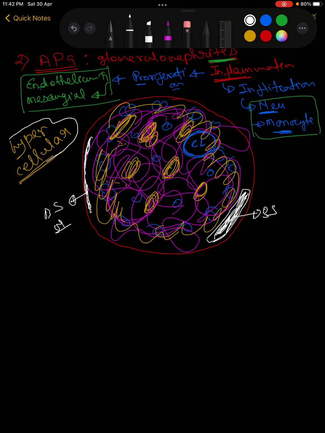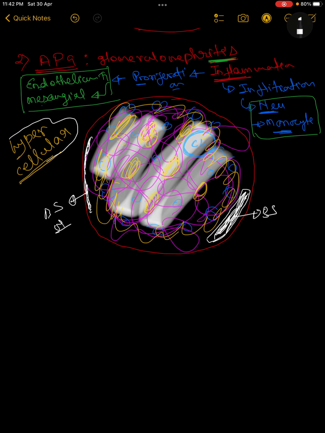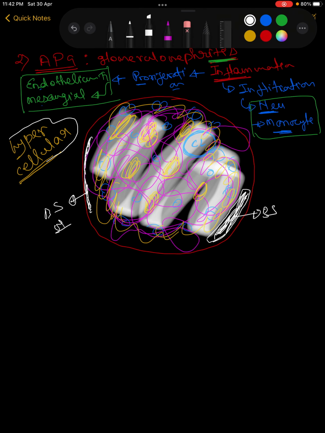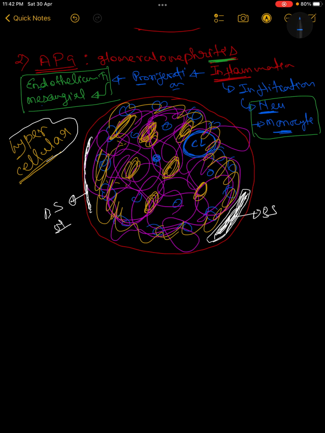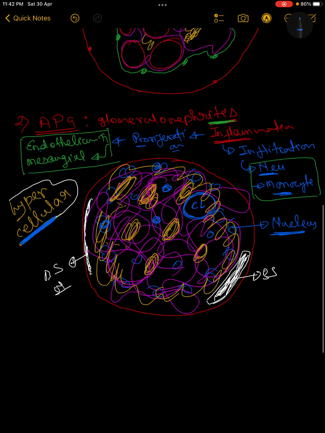When you see this slide, you will find many blue dots. Why blue dots? Because blue-violet is the color of nuclei, and if there are lots of nuclei, we can say it is hypercellular. This is how you are going to define acute proliferative glomerulonephritis.